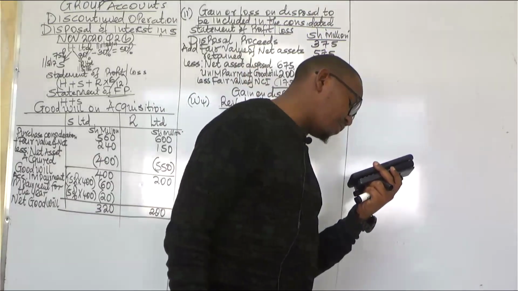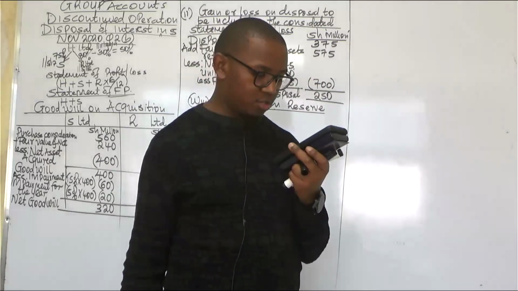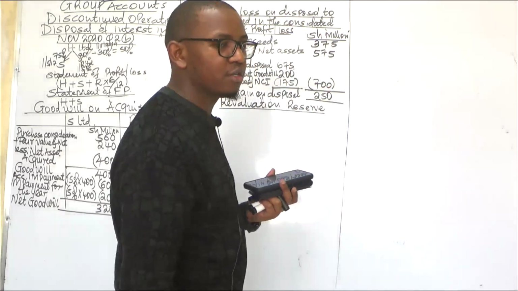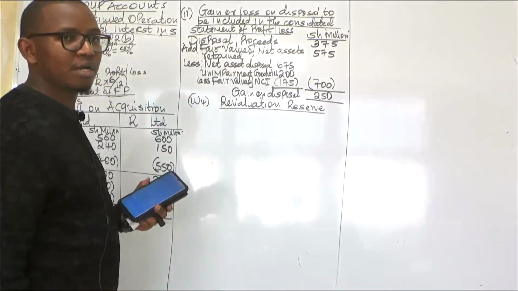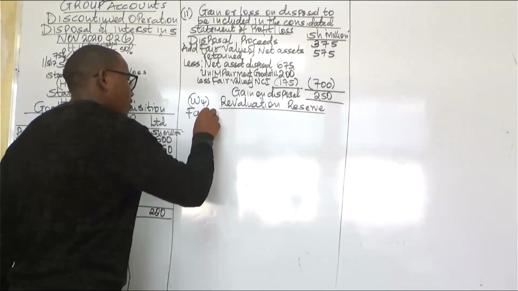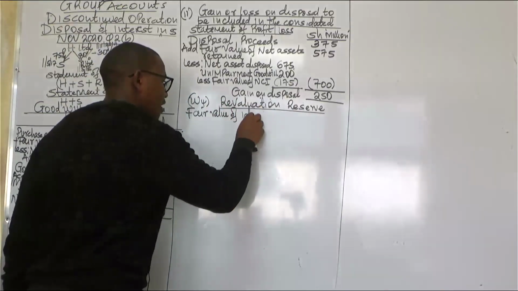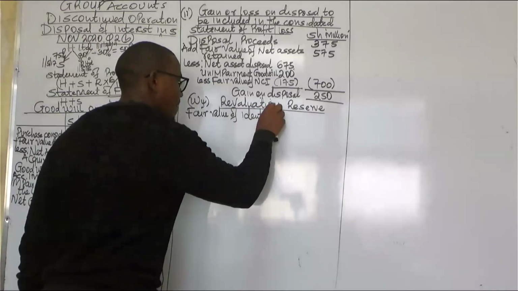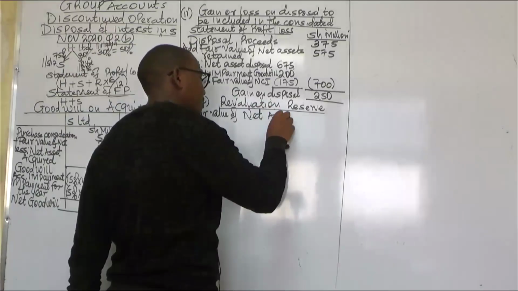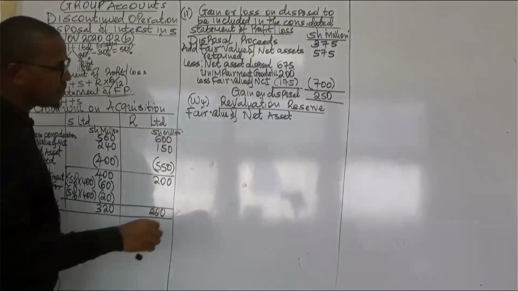The excess of the fair value of the identifiable net assets is due to increase in fair value of what? Of the plant. So, now the first thing is I need to know the fair value of the net assets. It was this 400 here.